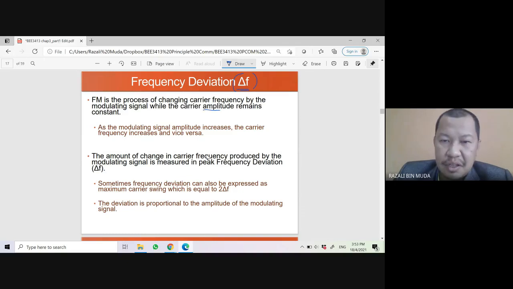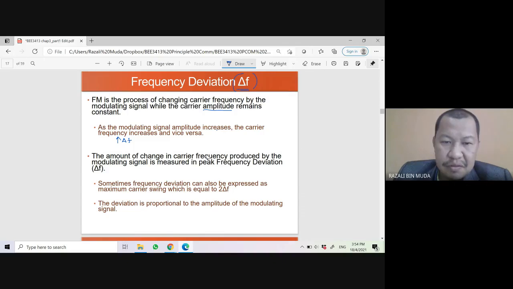The amplitude of the carrier remains constant, but the frequency of the carrier changes according to the amplitude of the modulating signal. As the amplitude of the modulating signal increases, the carrier frequency increases, or the frequency deviation increases.